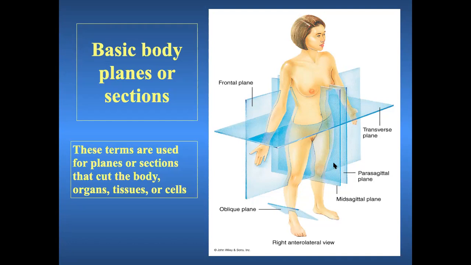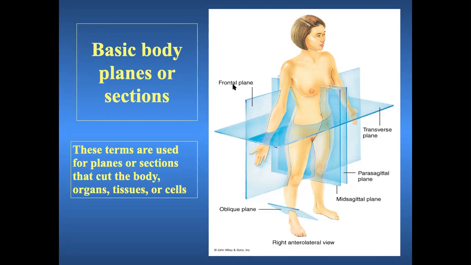Yes. Now let's see another section, this one, which divides the body into anterior and posterior parts. That means I'm dividing my body into anterior and posterior parts, right? So this plane is called the coronal plane. What is it called? Coronal plane.